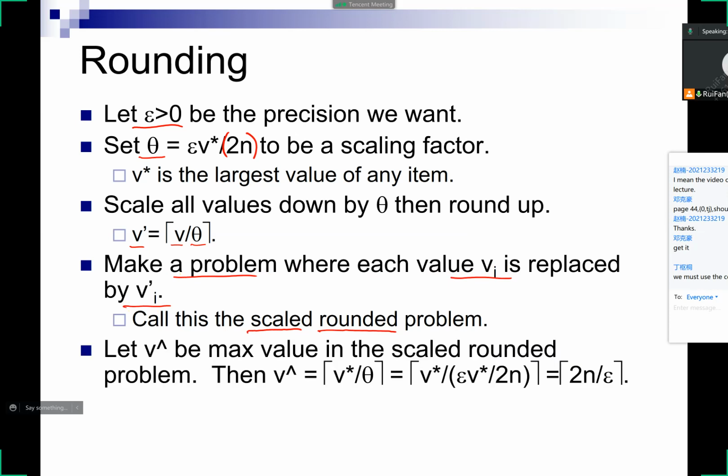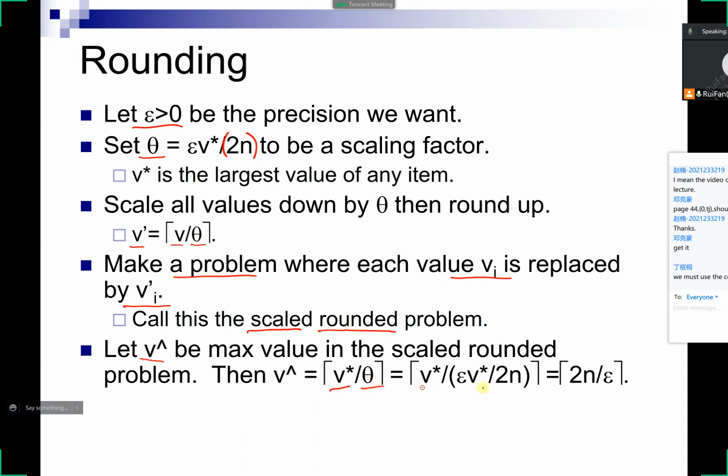Okay, so now let's look at what the largest value in the scaled rounded problem is. Okay, we want to make sure the maximum value is small, right? Because if the maximum value is small, then when you plug it into the DP, you can still run quickly. Okay, so the maximum value in the scaled rounded problem is just going to be the maximum value in the original problem divided by your scaling factor, and then round up.